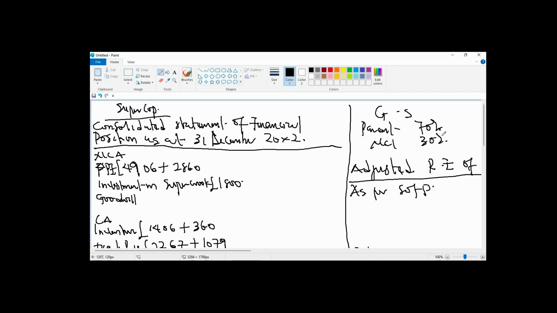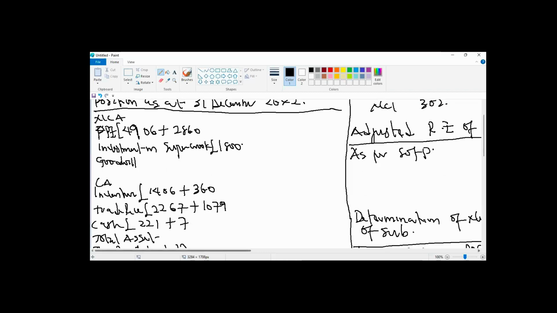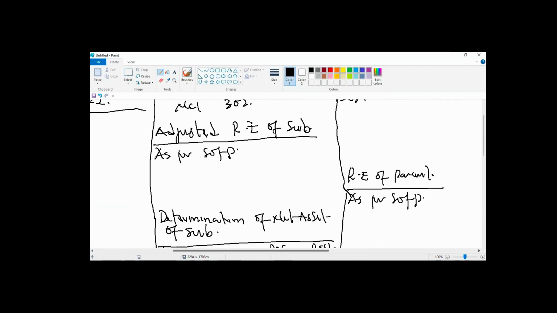That's why we just need to know the accounts to open. What are the accounts? Blue section: I just write retained earnings of subsidiary as per SOFP, and I can fill in the gap. I will go to the question. What is the retained earnings reported?